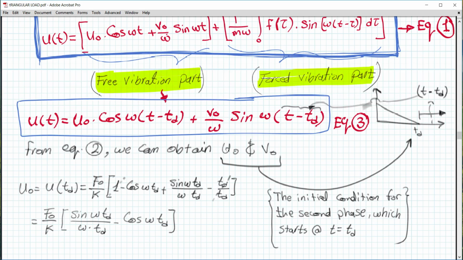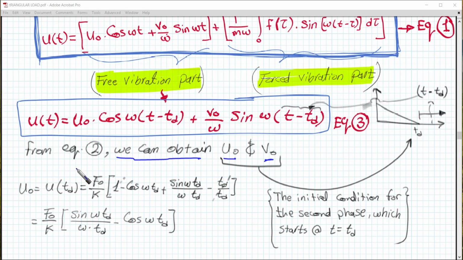From equation 2, we can obtain u node and v node, because we have everything.